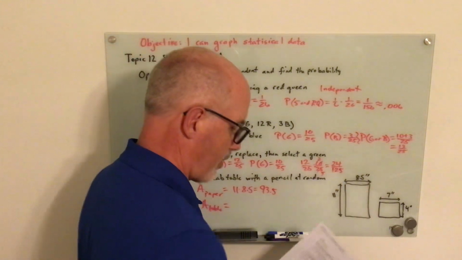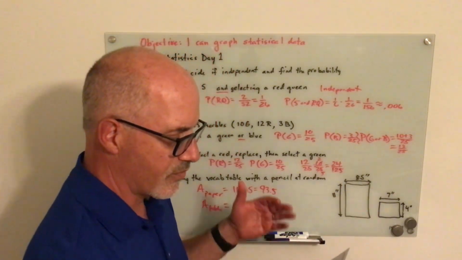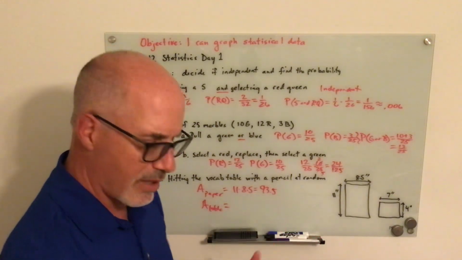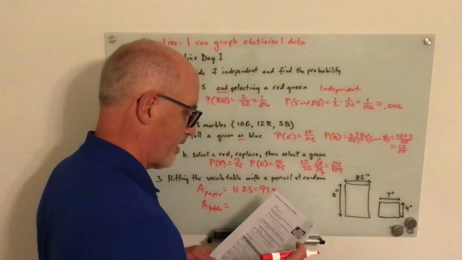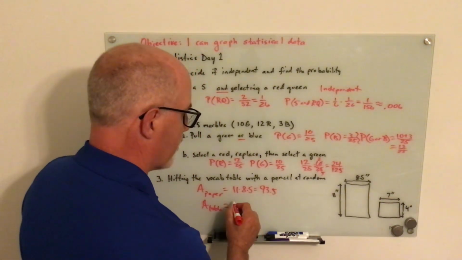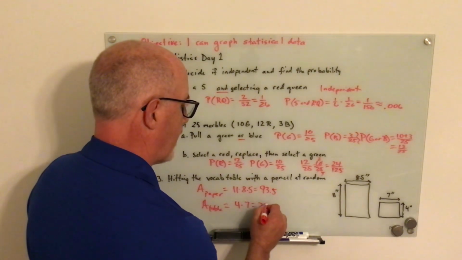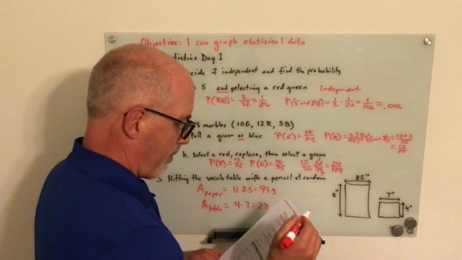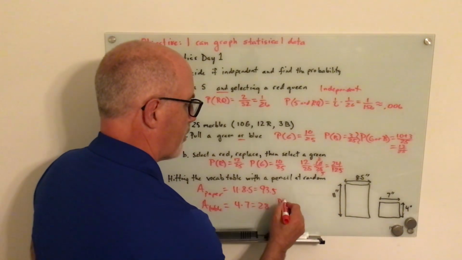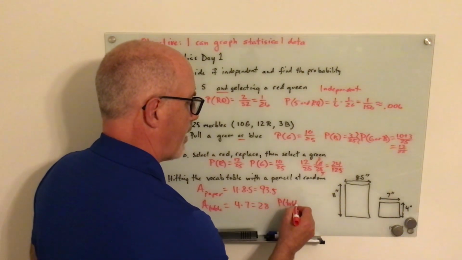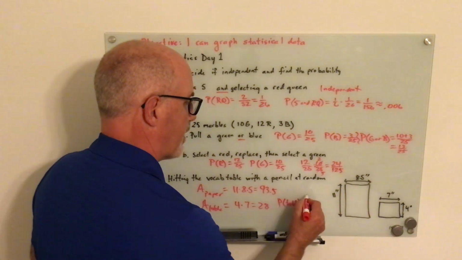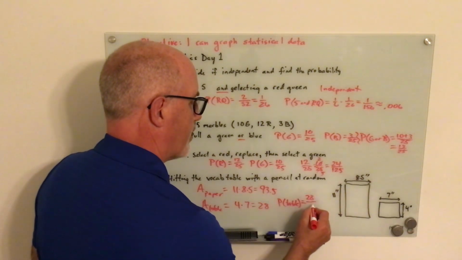And then the area of the table, our little vocabulary table at the bottom, I measured it as 4 inches by 7 inches. You might have got something slightly different. But if you multiply those two, 4 times 7, you get 28. So the probability of hitting the vocabulary table is going to be 28 over 93.5.